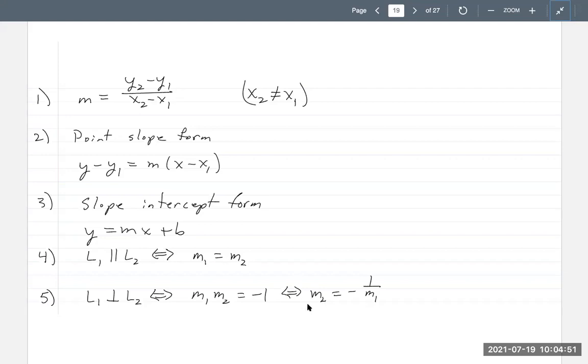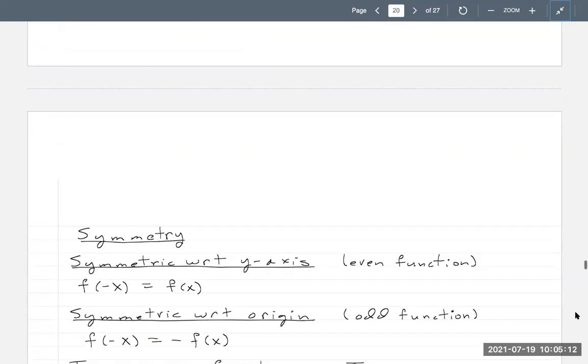So we have here that m2 is equal to -1 over m1 if and only if L1 is perpendicular to L2. And now that works, with that little caveat that I gave you, for any line, including horizontal and vertical lines.